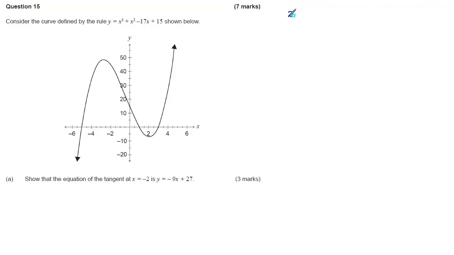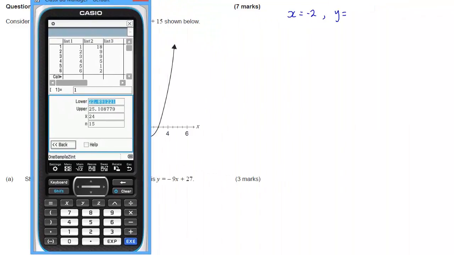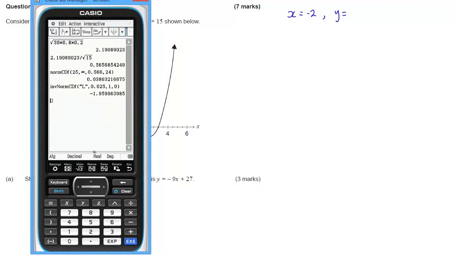So, if x is equal to negative 2, then y is going to be, let's just clear everything, make space.